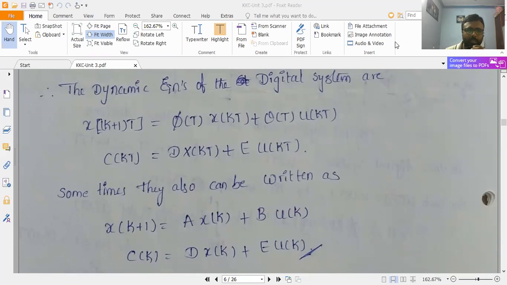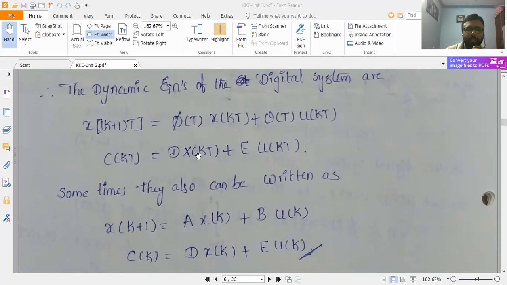The solutions for the discrete systems, or the digital systems based state equations, are x of (k+1)T is equal to phi of T into x of kT plus theta of T into u of kT, and c of kT is equal to D into x of kT plus E into u of kT. These are the solutions for the state equations represented in the discrete form.